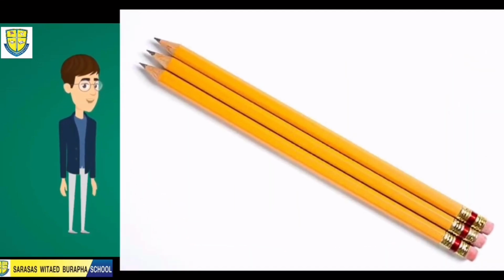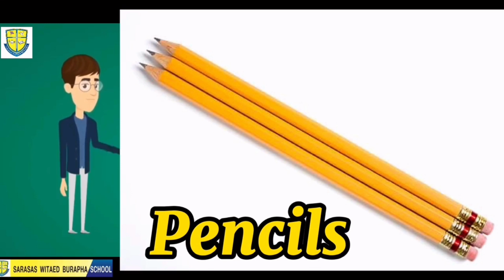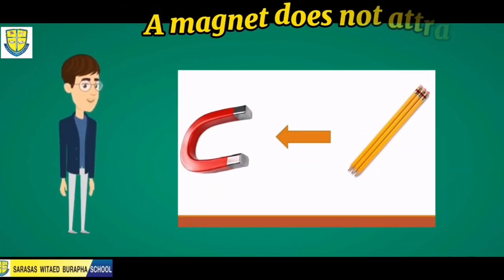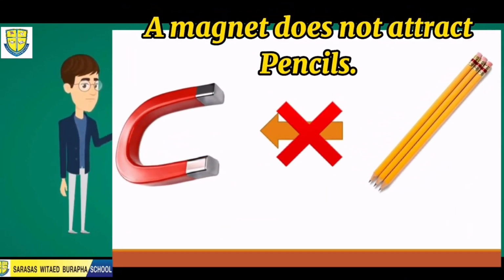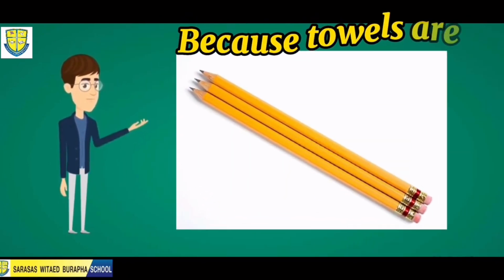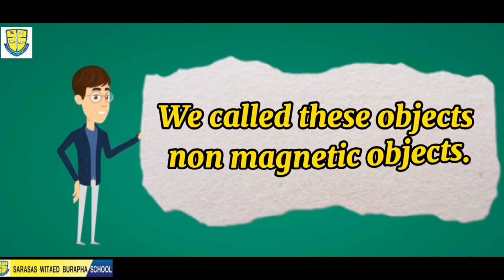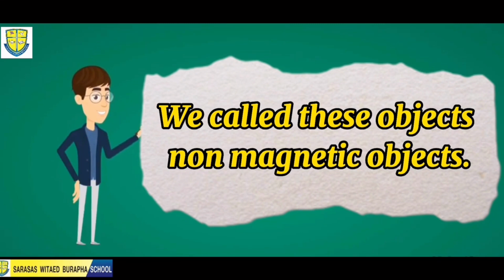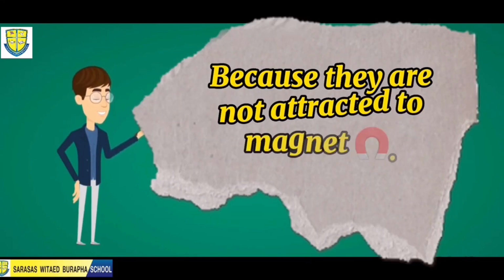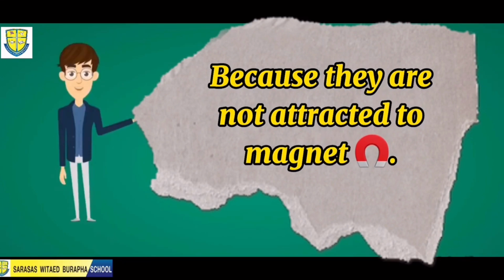Our third example is pencils. A magnet does not attract pencils because pencils are made out of wood. We call these objects non-magnetic objects because these objects are not attracted to a magnet.